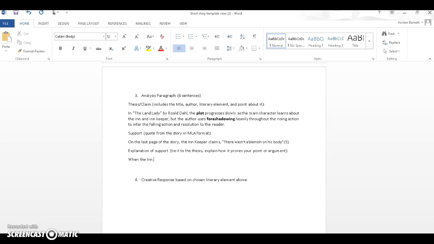When the innkeeper explains her knowledge of the other man's body, the author is foreshadowing her use of human bodies during taxidermy.